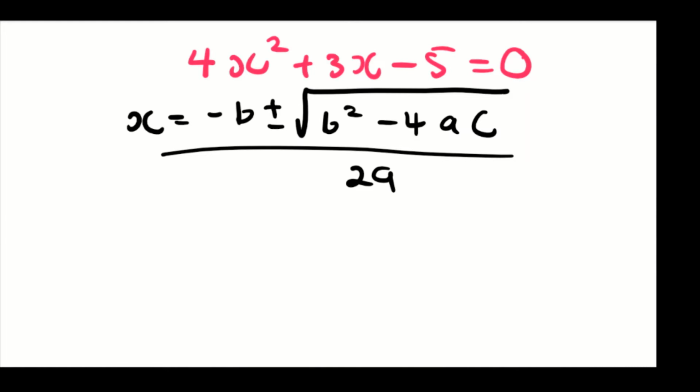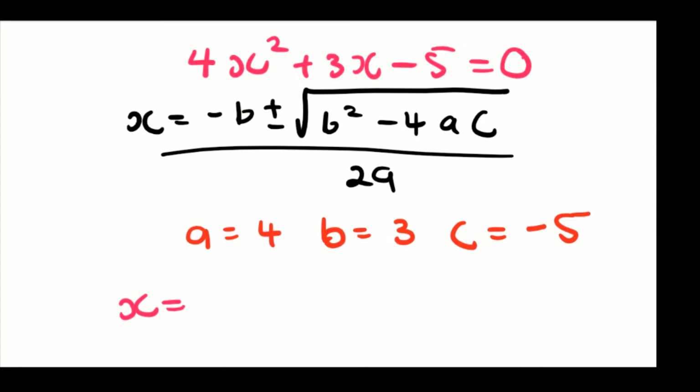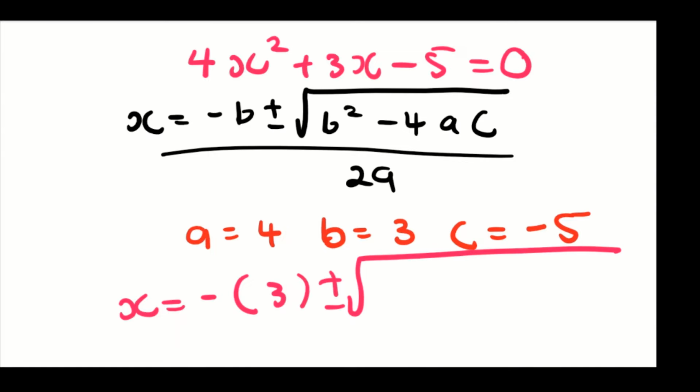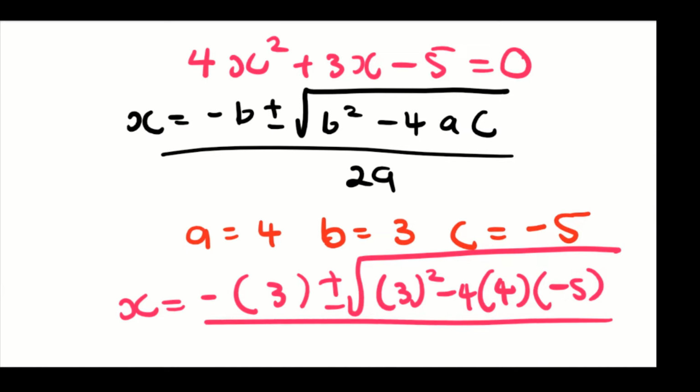Our value of a is 4, our value of b is 3, and our value of c is minus 5. So we substitute these values into our quadratic formula: minus 3 plus or minus the root of 3 squared minus 4 times our a value of 4 times our c value of minus 5, and then we divide by 2 times our a value of 4.